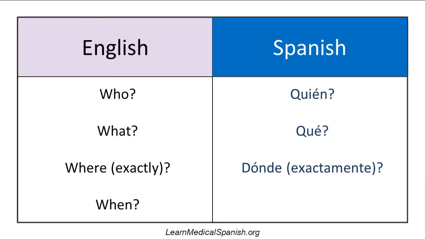That one's pretty useful for things like abdominal pain or chest pain, when you want to see exactly where the pain is located. Next phrase or word is when. ¿Cuándo?